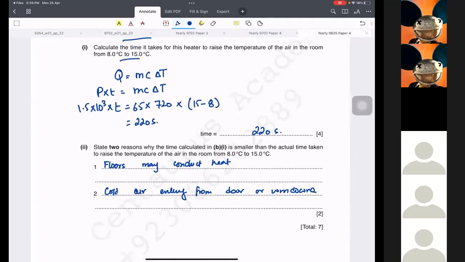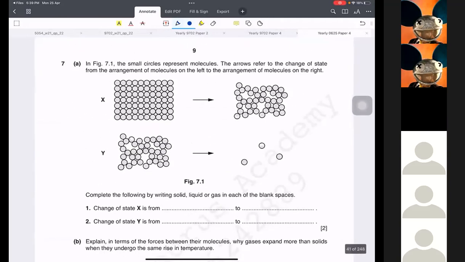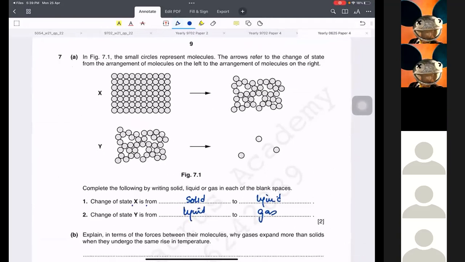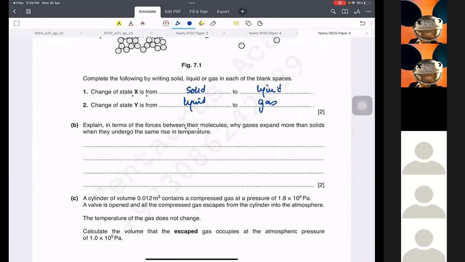Okay, then going to the next one, it says complete the following by writing solid, liquid. State X is from solid to liquid. This is very easy. State Y is from liquid to gas. Explain in terms of forces between molecules why gases expand more than solids when they undergo the same temperature rise.